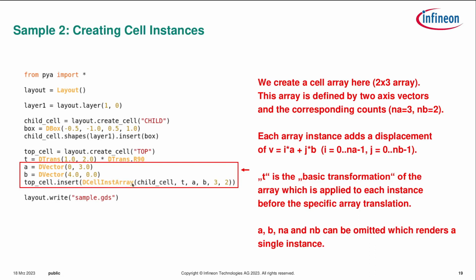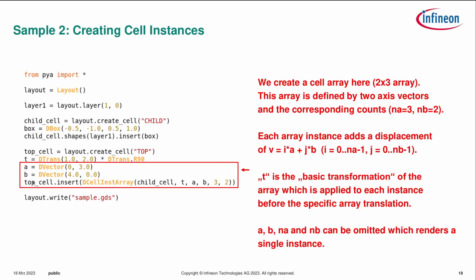So even if it's a single instance, the object I'm using is called dCellInstArray. And for a single instance, I just skip the last 4 parameters. And the reason it's called array is simply that it is always a kind of array, and the single instance is just a special case. And I'm using a dCellInstArray, which means the values I'm entering here are all micrometer coordinates.